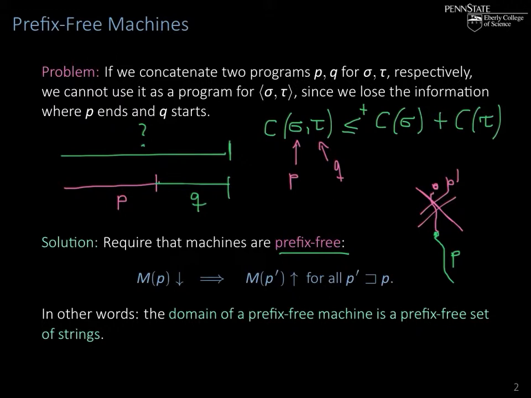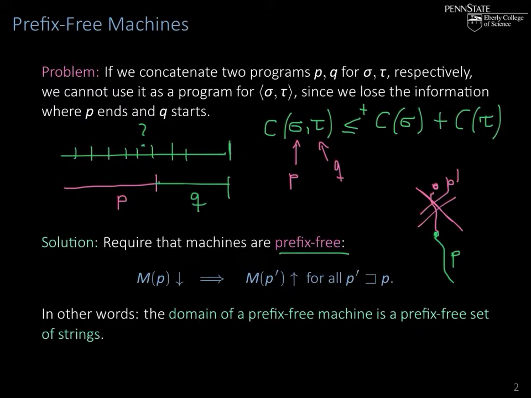So why does this help us with the problem that we encountered first? Well, think of it. If our machine is prefix-free, then we can start scanning our input bit by bit. We know that the machine will converge on at most one initial segment of this whole string.